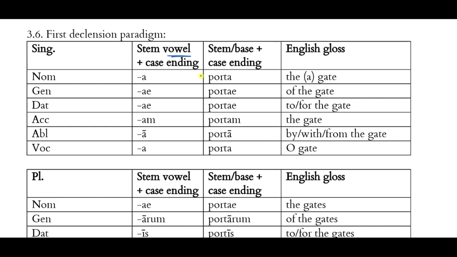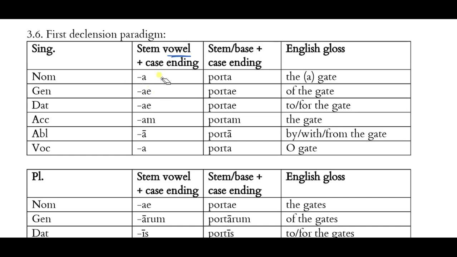Sometimes that stem vowel A is going to be obscured by the case ending, so you won't see the A in all the forms, but you see them in most of them. And then the third column gives us the stem or the base with the case endings of a particular noun, and here we're using porta as our sample, our paradigm noun, and then the English gloss. Okay, so here are the stem vowel and case endings for nominative, genitive, dative, accusative, ablative, and vocative case.